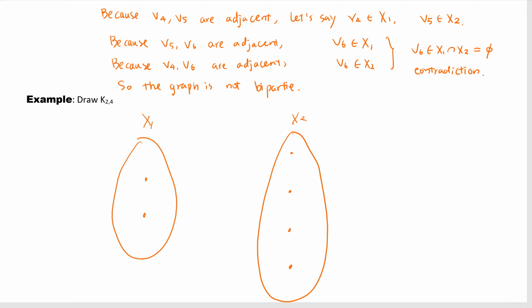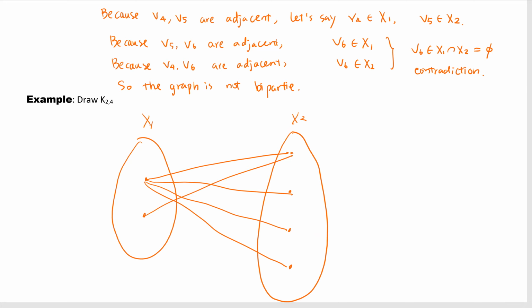Then it's complete, so each vertex here is connecting to all the vertices in x2. You can see the edges cross, and there's no way to avoid this because there are a lot of edges. It's okay, just leave it like that. So this is the complete biparty graph K2,4.